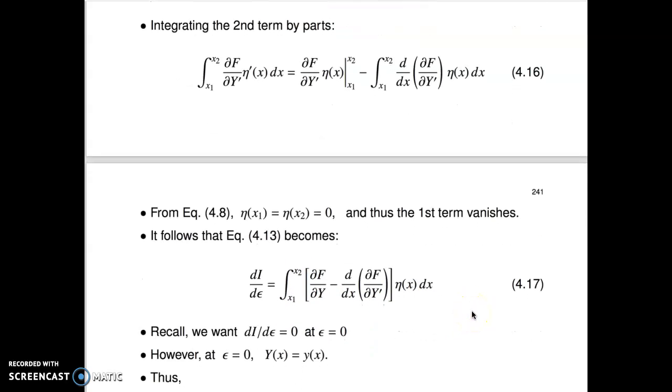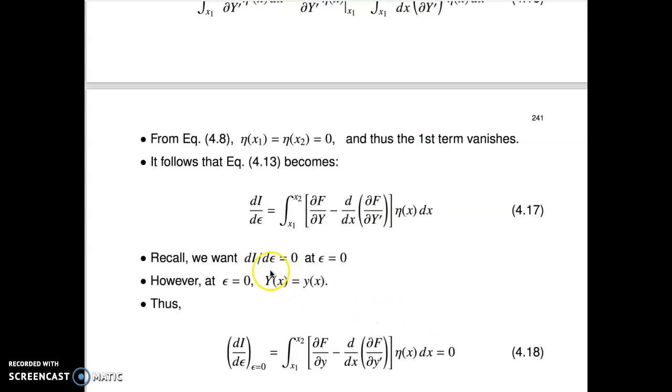Okay, so now what do we want to do? We want to take the derivative, dI by d epsilon, and set it equal to zero. So we say this is equal to zero when epsilon is equal to zero, because when epsilon is equal to zero, big Y is equal to little y. That's the function we're looking for.